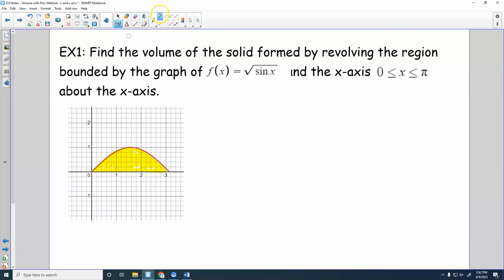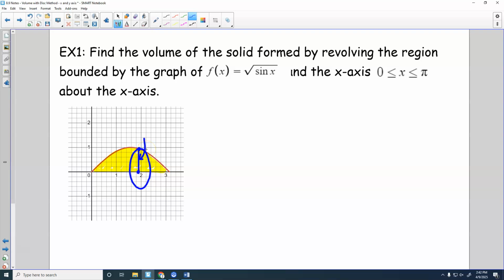So what happens whenever you do that is for every little cross section you have, it's made a circle, and that radius of the circle is that vertical line.